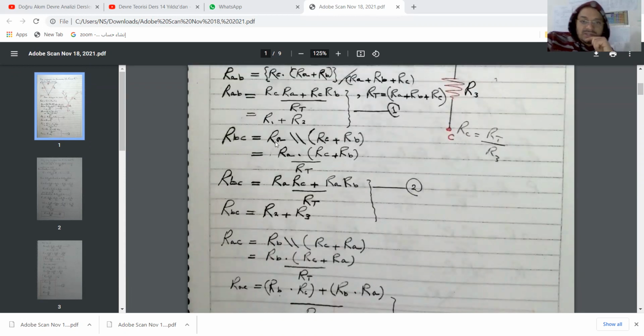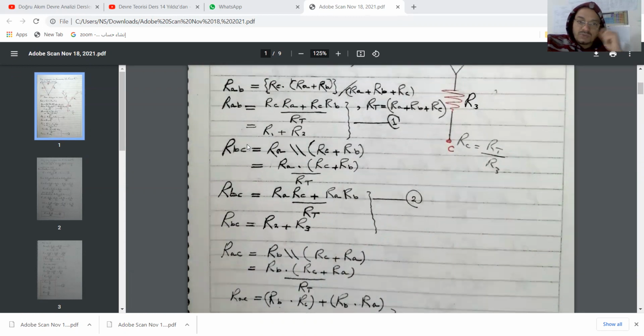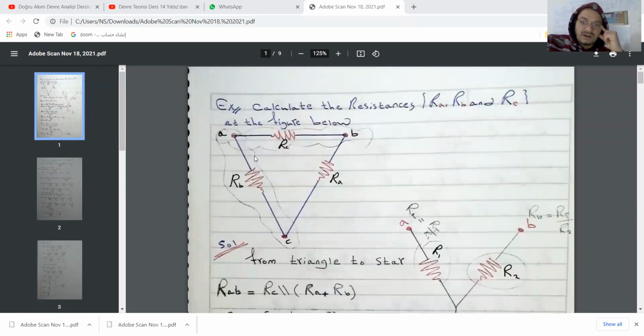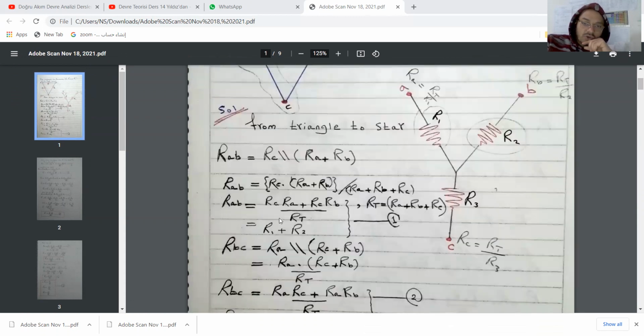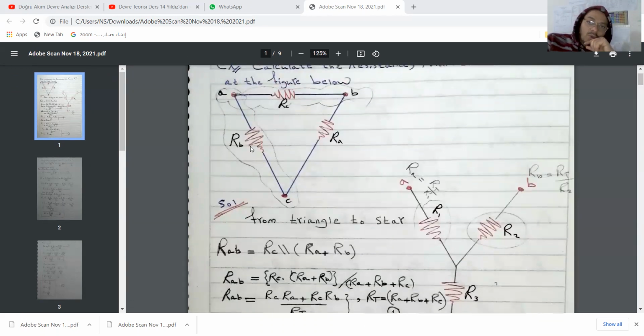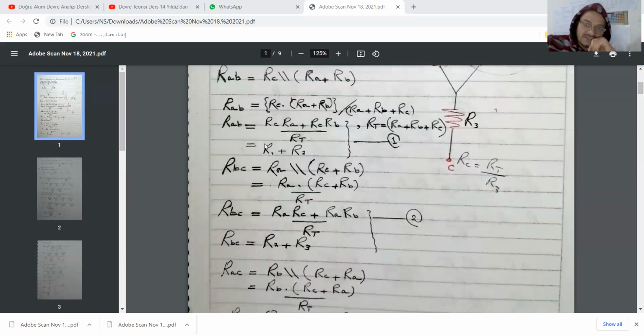RA parallel, because the relation between RBC and RA, RBC equals RA parallel with RB plus RC, because that RBC will equal RA parallel between two brackets RB plus RC.